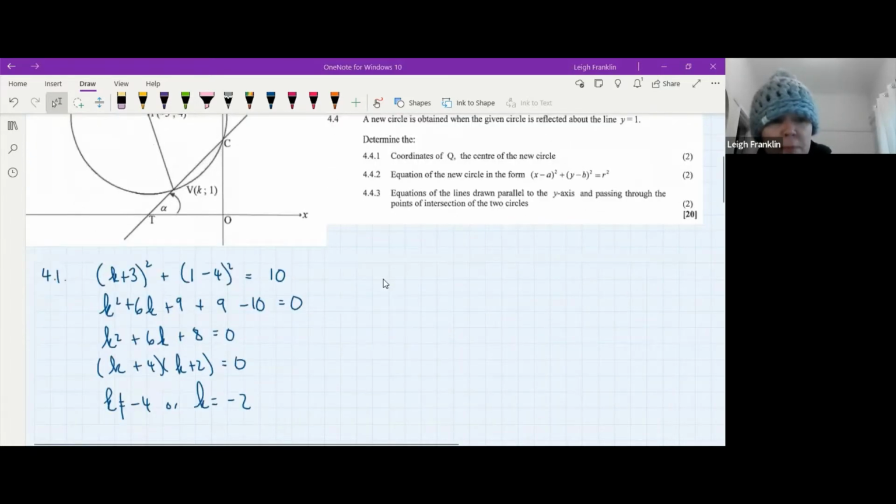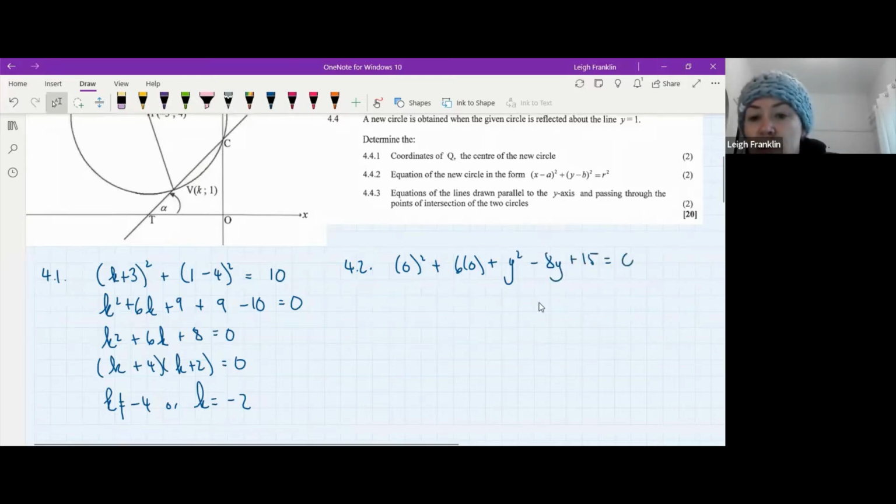That's exactly what you would do for 4.2. You need to make x equal to 0. So subbing into the equation that they've given us, we would sub in 0 squared plus 6 times 0 plus y squared minus 8y plus 15 equals 0.